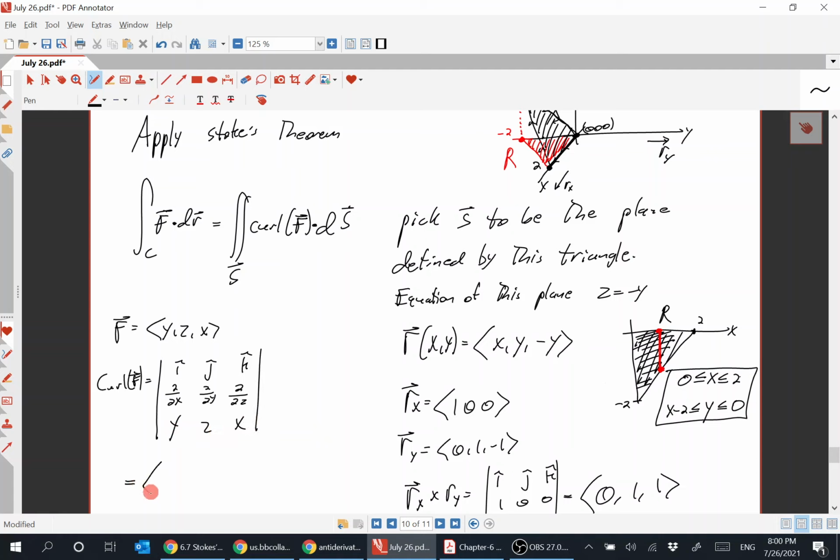So this is equal to, in the x-coordinate, this partial minus that partial. They're both 0. In the j-coordinate, it's this partial, which is 1, minus that partial, which is 0, negated. And in the k-coordinate, it is this partial minus that partial, which is -1.